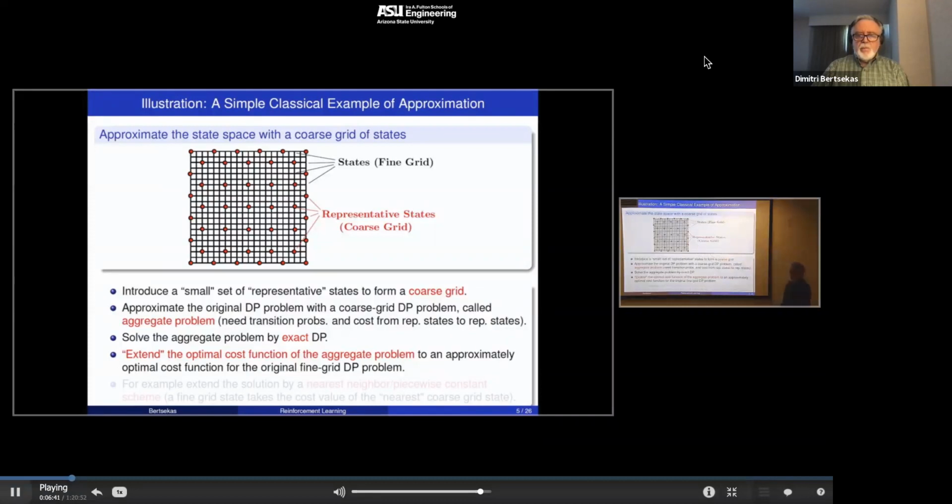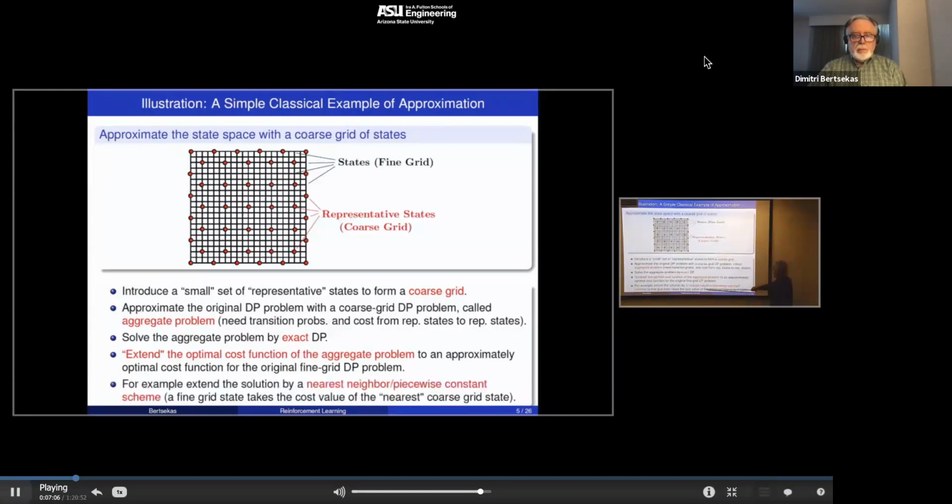Well, there are a number of ways of doing it by some kind of relation or proximity. For example, black states that are close to a red state may take the value of the red state. Or otherwise, a black state may obtain an approximate cost by interpolation of the cost of the red states.